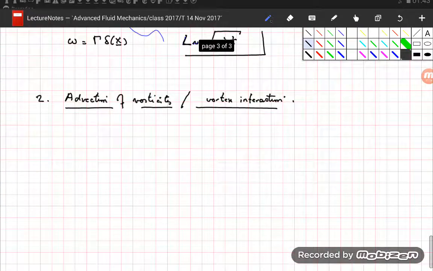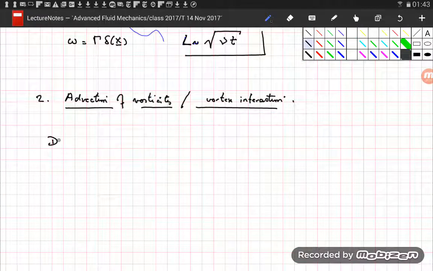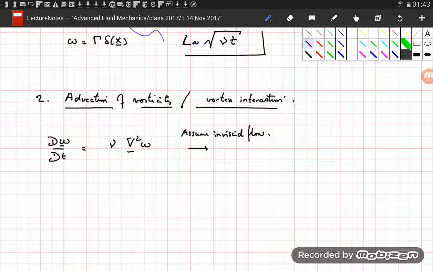So let's take our vorticity equation, but now we assume that the flow is inviscid. So we neglect the effect of viscosity, and therefore we're just left with this equation. The material derivative of omega, D omega over Dt, is equal to 0.